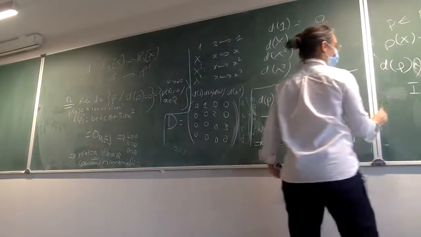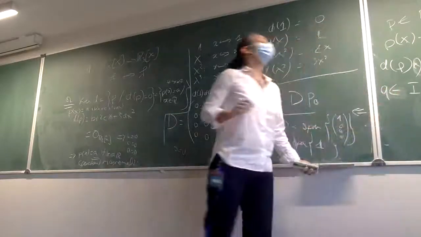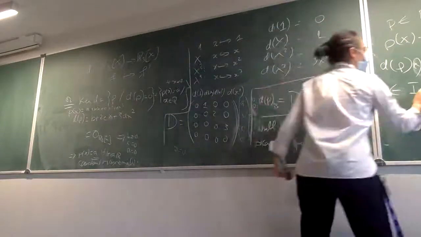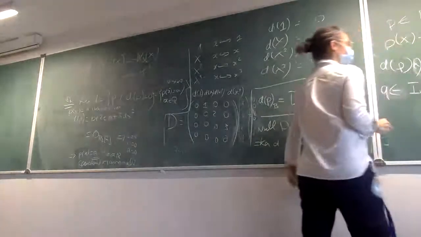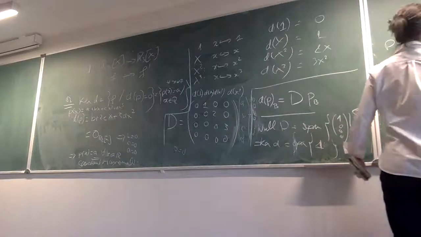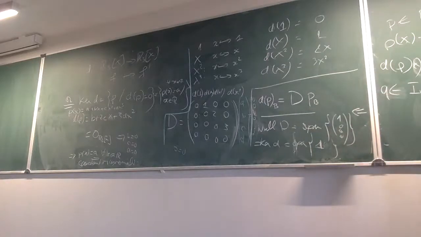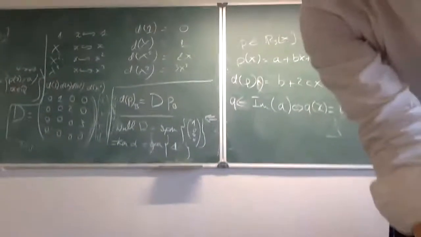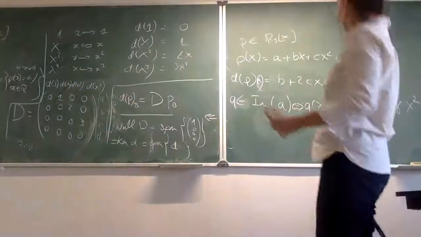A polynomial Q belongs to the image of my map. It means that Q is written as a constant plus, let me use Greek letters, another constant times x plus another constant times x2. This is what I get from that.